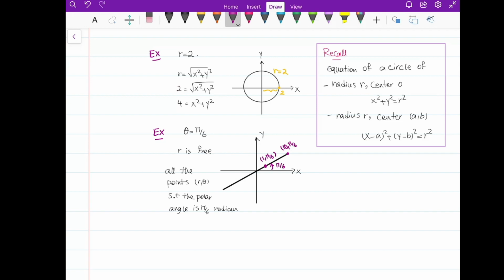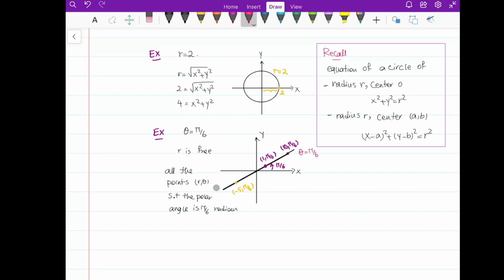You see? How about on the opposite side? On here, this is, for example, negative 5 and pi over 6. So the whole line in here would be theta equals pi over 6. On this side r is positive, on this side r is negative.